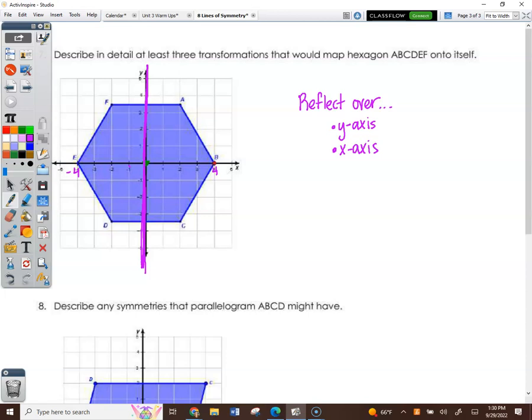It's vertical, and it's crossing where on the x-axis? It's crossing at 0. So the equation of the y-axis is x equals 0. What's the equation of the x-axis? Conversely, it's y equals 0.